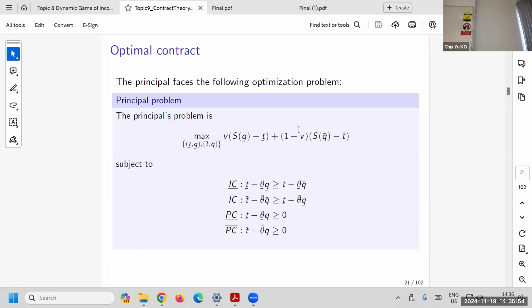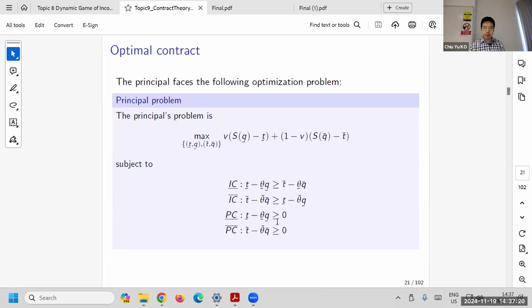Of course, if you work hard, you can solve this Lagrangian problem. Because S is concave, it's a concave programming problem, so you can always solve it. But it turns out there's a shortcut.